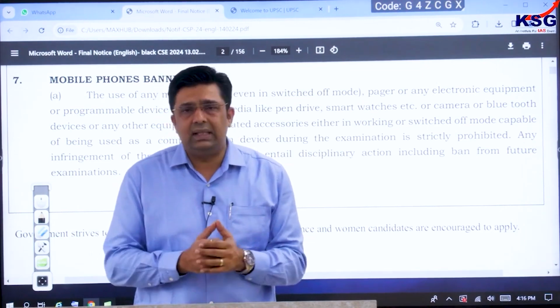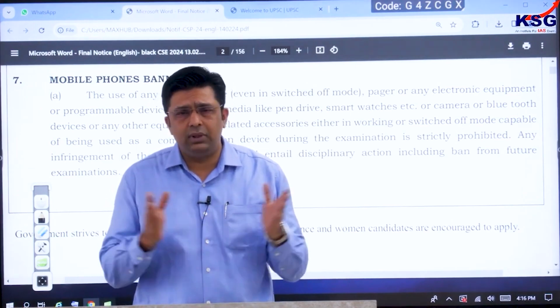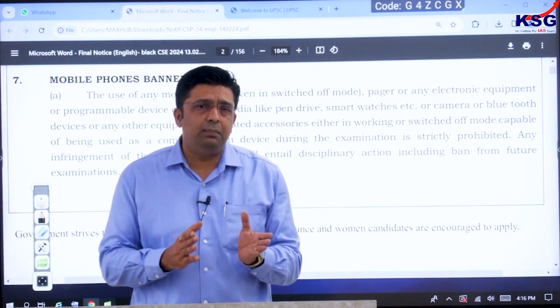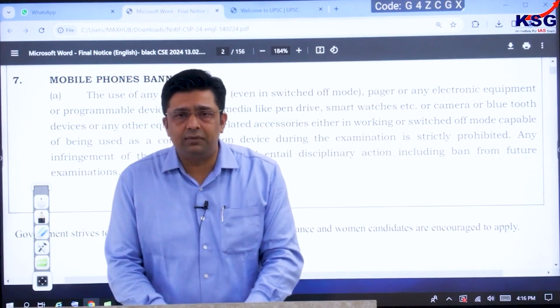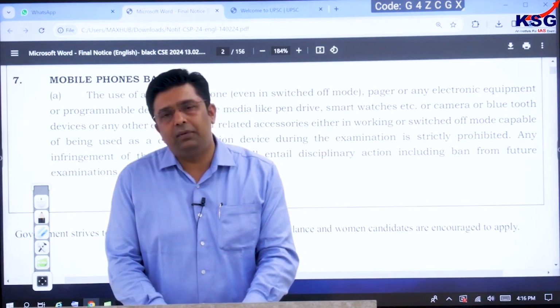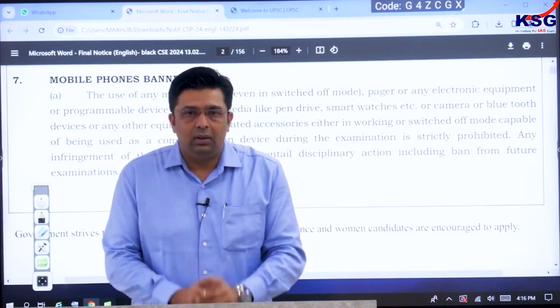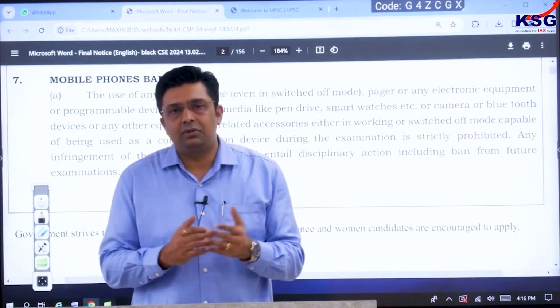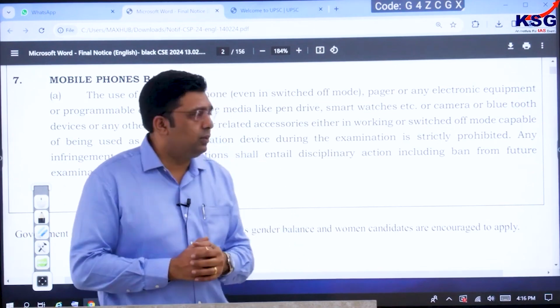So I would also suggest that do not carry these kinds of equipment because you've got so many types of schools are there. They may make a provision for keeping these kinds of let's say instruments. However, हो सकता है वो मना कर दे तो unnecessarily परेशान नहीं होना है उस दिन on the date of your exam. Therefore, I would suggest not to carry it, or if somebody else is going with you, make sure that you give it to them.